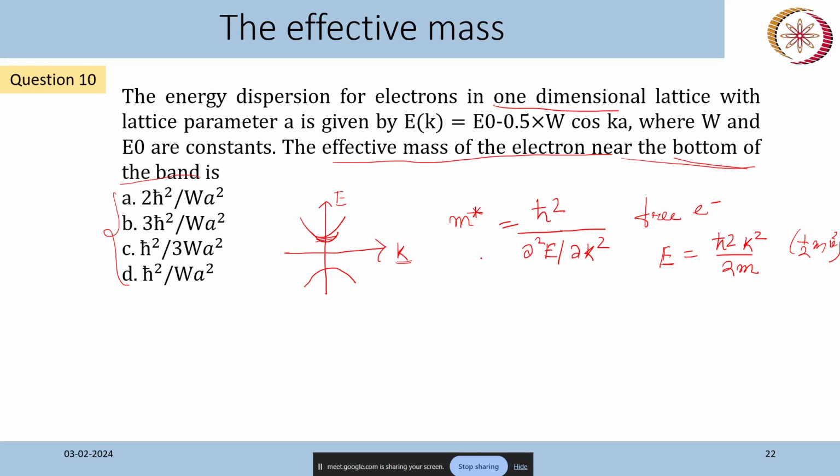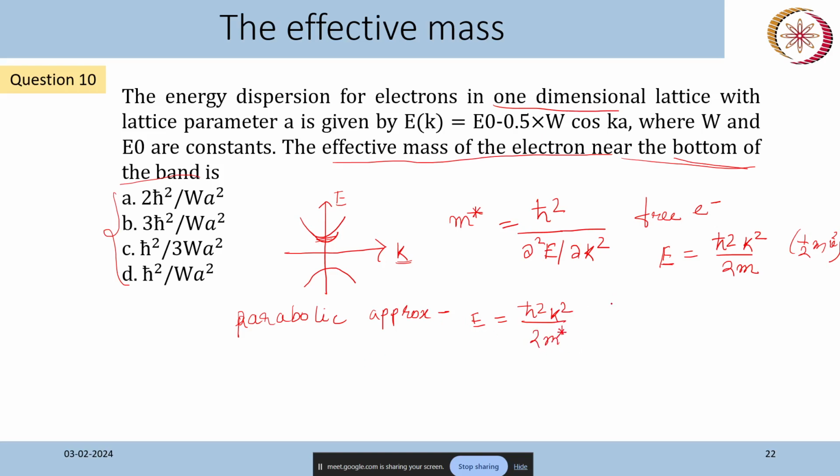So using the concept of effective mass and the parabolic approximation, we write the EK relation for electrons in a one-dimensional crystal as h bar square k square by 2 m star, where m star is the effective mass.